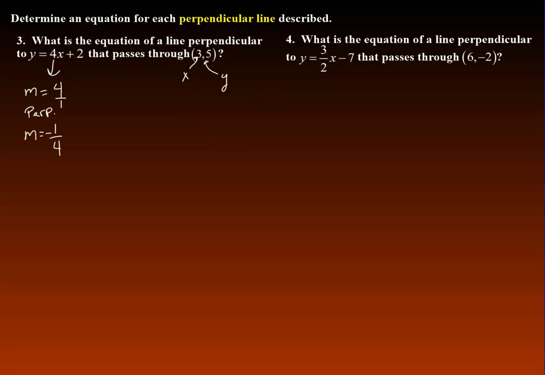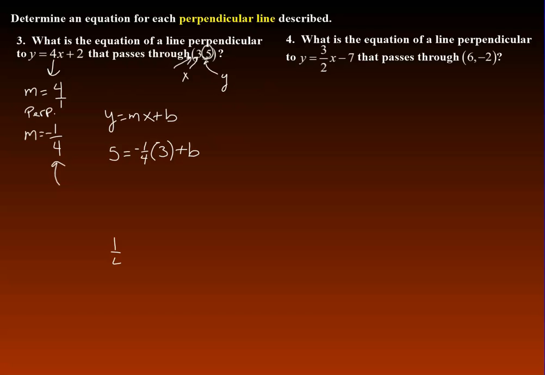So we're going to again be using y equals mx plus b. So y is 5, m is negative 1/4, x is 3, plus b.